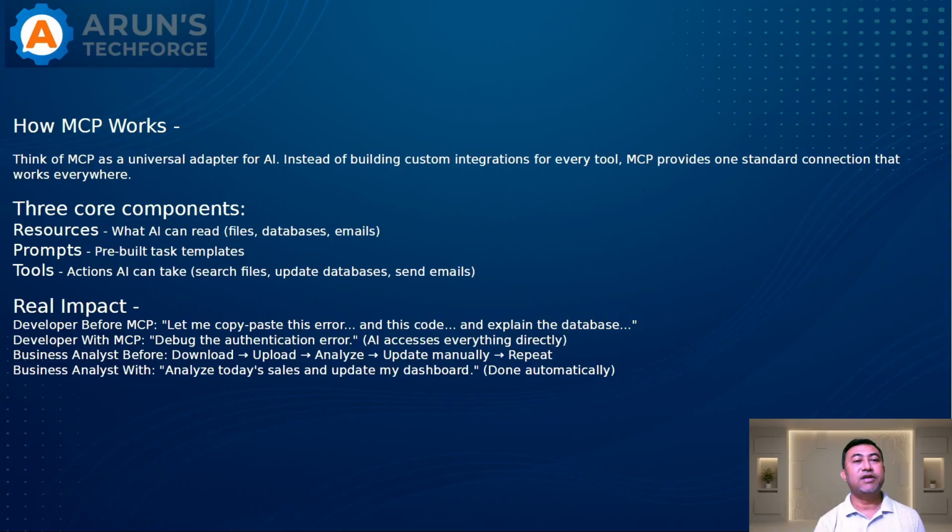Tools are the actions. It can be file search, updating a database, sending emails, getting the weather, anything like that. Even the simplest calculator, if you create one to calculate something, right? So these are tools.